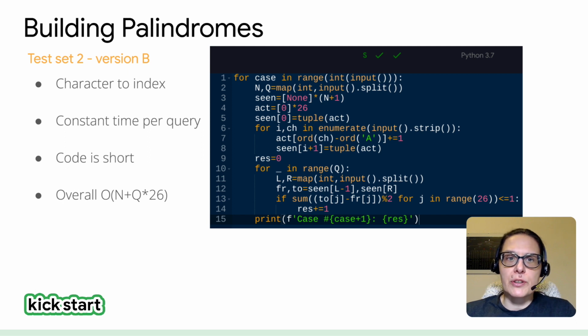After this preparation, the evaluation of an interval is done by summing up the corresponding differences modulo 2, which exactly yields the number of different letters with odd occurrences. If it is less than or equal to 1, we have found a new substring, which is a rearranged palindrome, and we count it in.